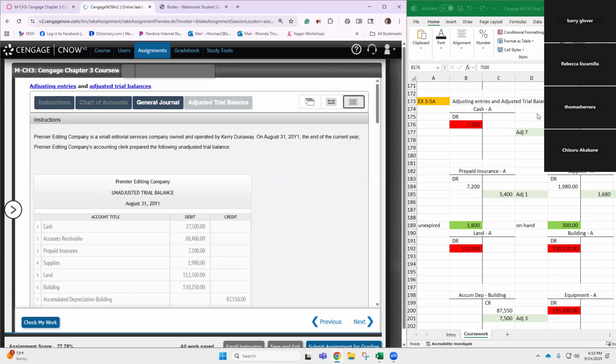Okay. So, let me go ahead and put a couple things in. This is Premier Editing Company. It's a small editorial service company. This is for the year ending August 31st. So we want to go ahead and make sure that we know we're working with year end August 31st.